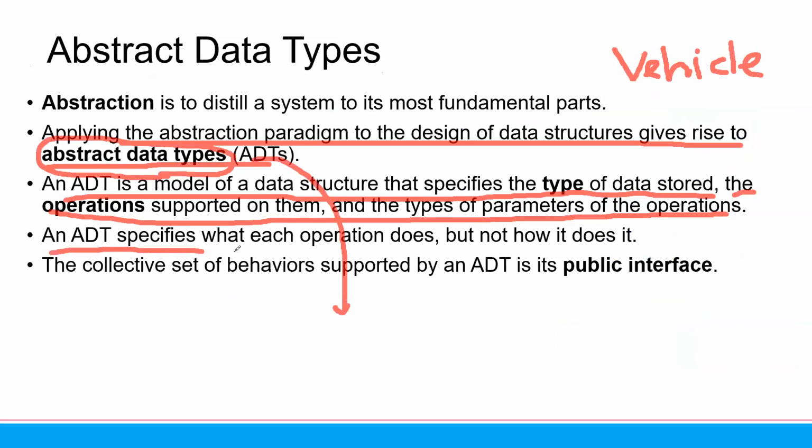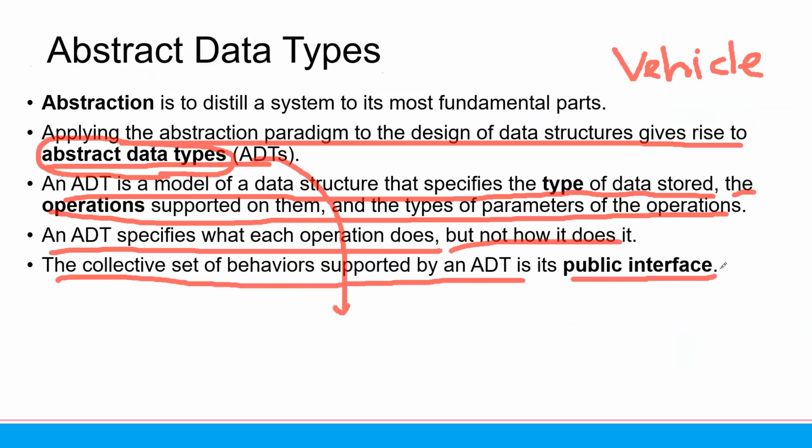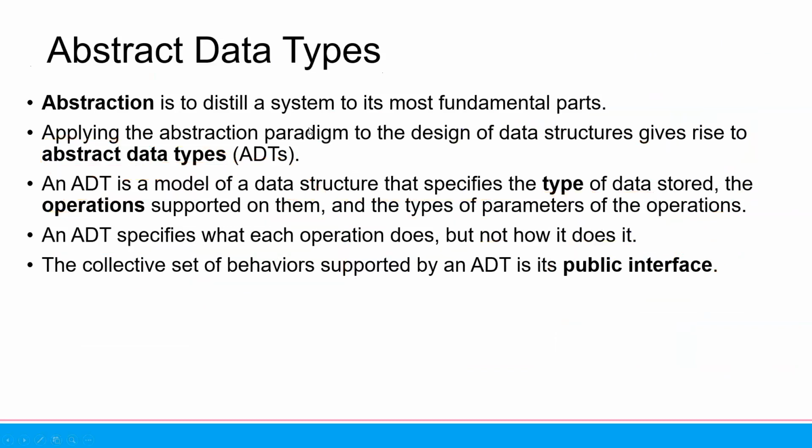An ADT specifies what its operation does, but not how it does it. The collective set of behaviors supported by an entity is the public interface. So we will learn what the ADT is and how we can make the public interface.